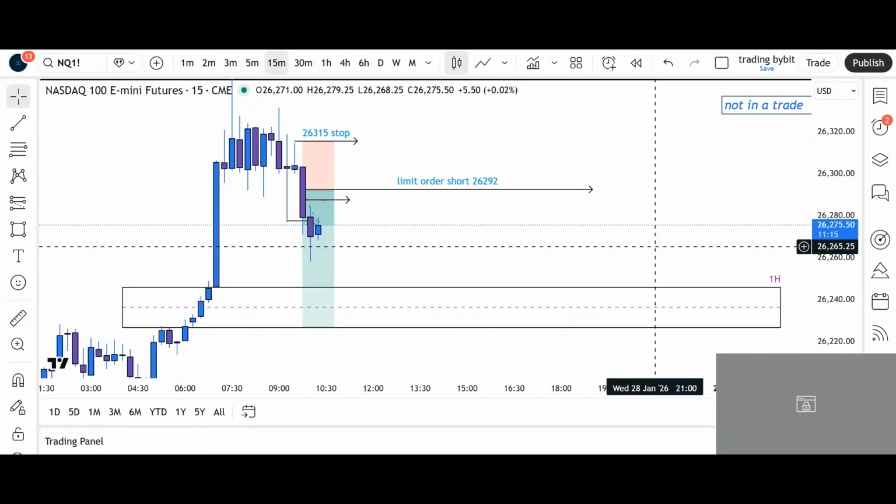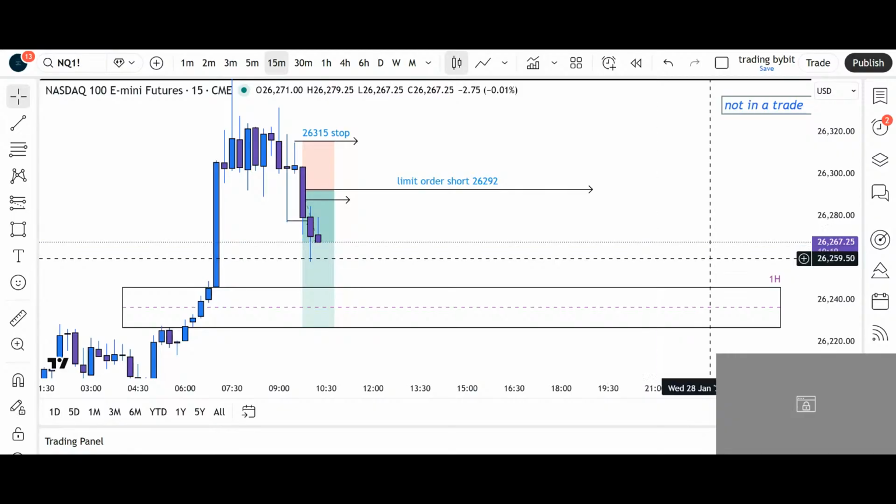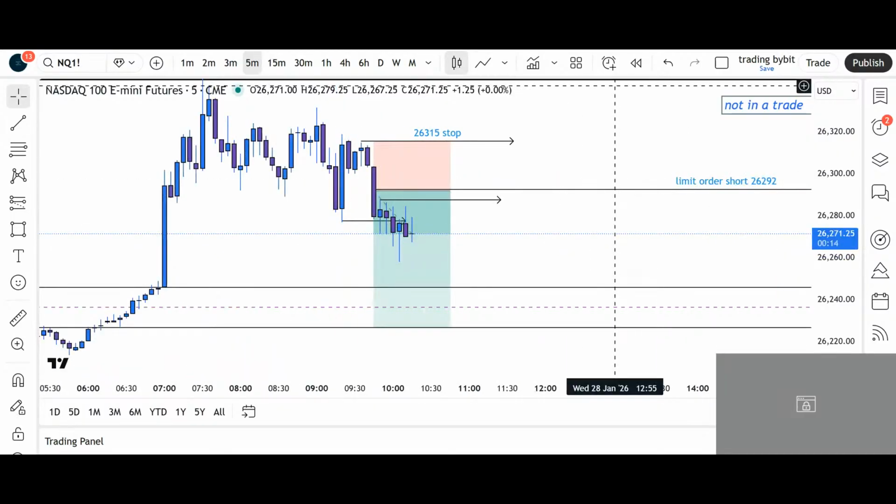If I got entered, the limit order is on the screen. This market is a little bit playful today.